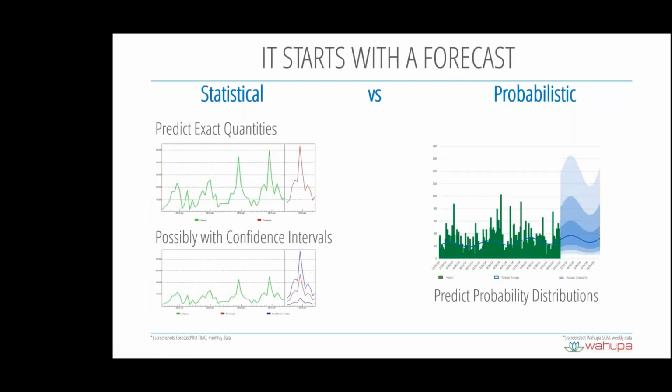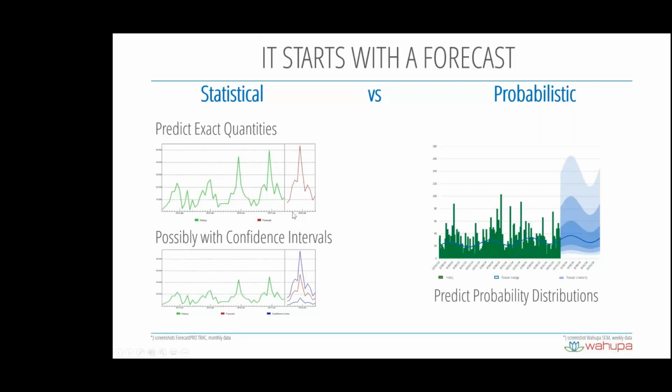I can imagine a lot of people have not seen a probabilistic forecast. So just to give you a glance, on the left is your typical statistical forecast, with the green being the monthly history and the red being the forecast monthly numbers, what's called a single point forecast.